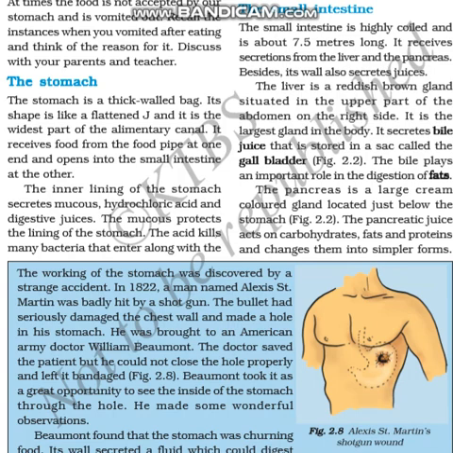What happens when pancreatic juice comes into contact with food? It will work on carbohydrates, fats and proteins, and change them into simpler forms. Simpler form means the form which is usable to our body. It will change in such a way that it can be added to the blood.